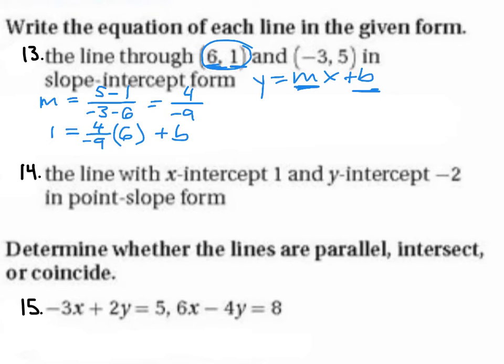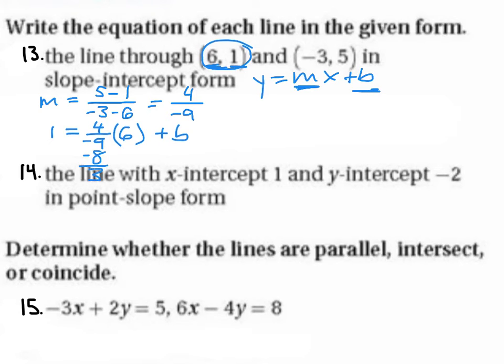So what's 4 over negative 9 times 6? 24 over negative 9, which simplifies to negative 8 over 3.